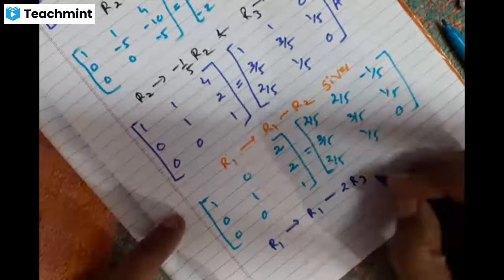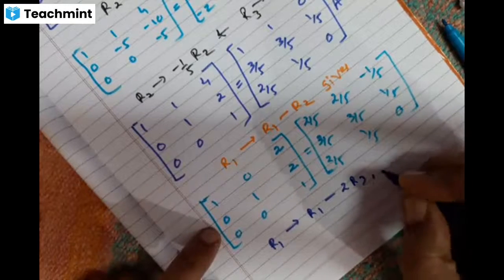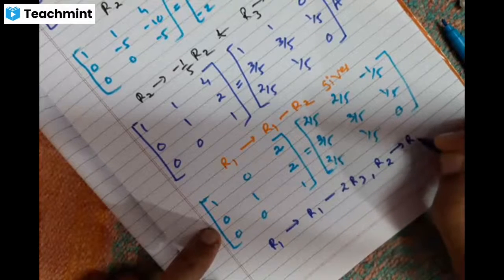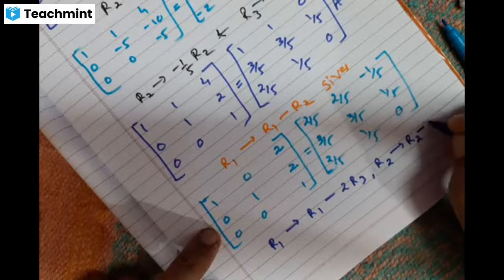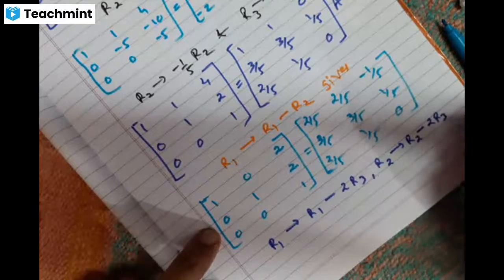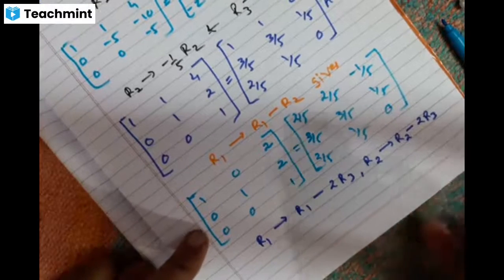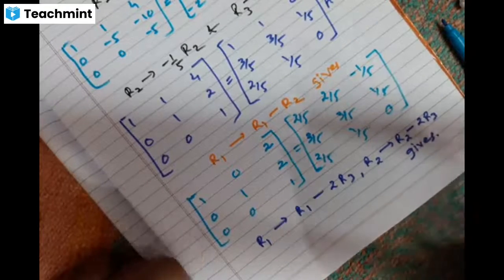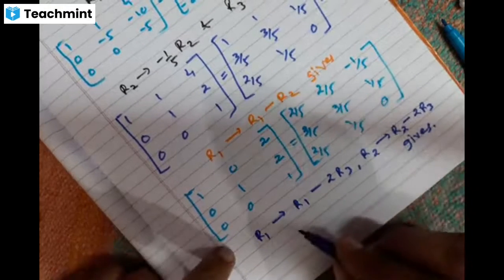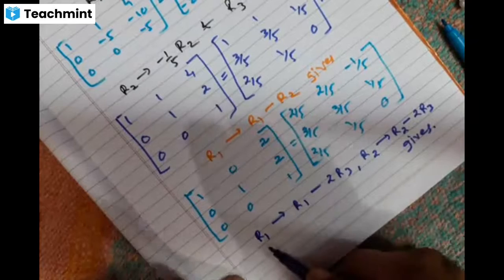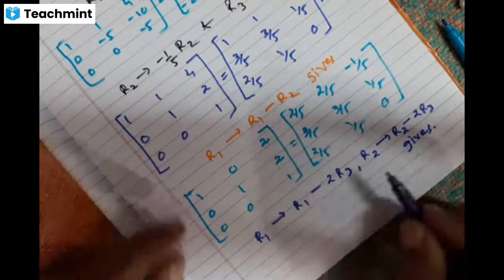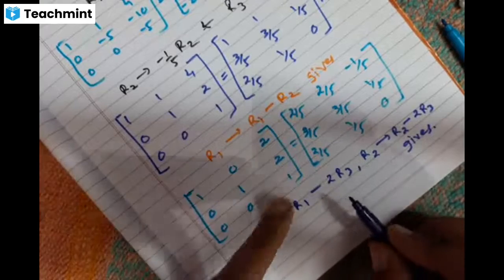And same thing in the second row, R2 goes to R2 minus 2R3. ठीक है, these two operations I am going to do. Hope you understand this.